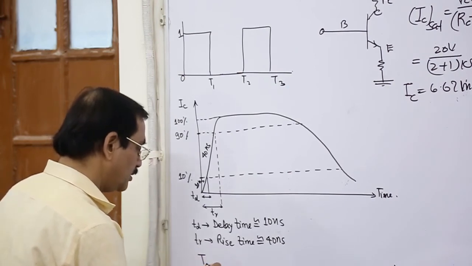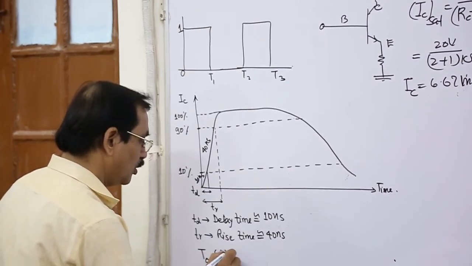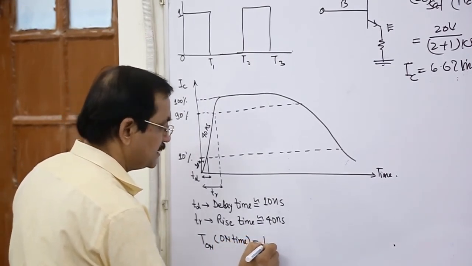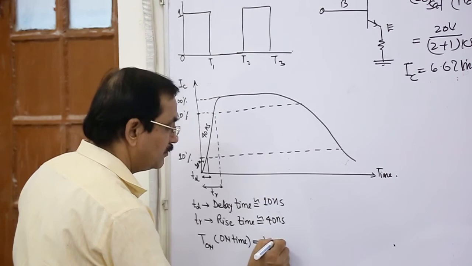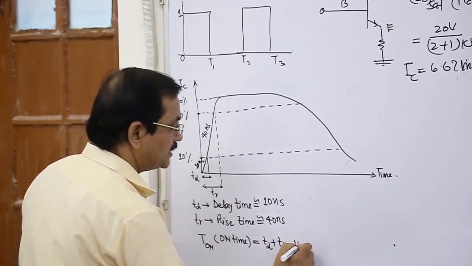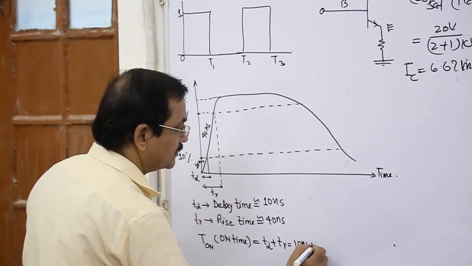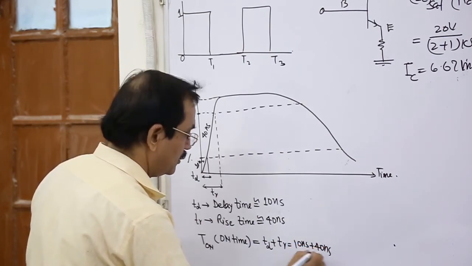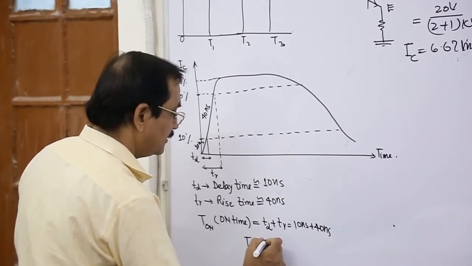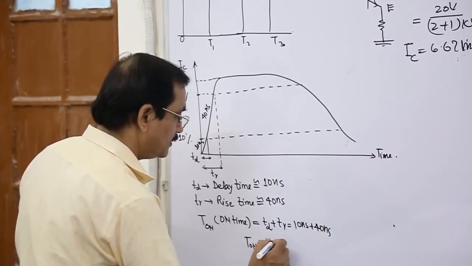So, T on, the on time, is T delay time plus T rise time, that is 10 nanosecond plus 40 nanosecond. So, T on is 50 nanosecond.